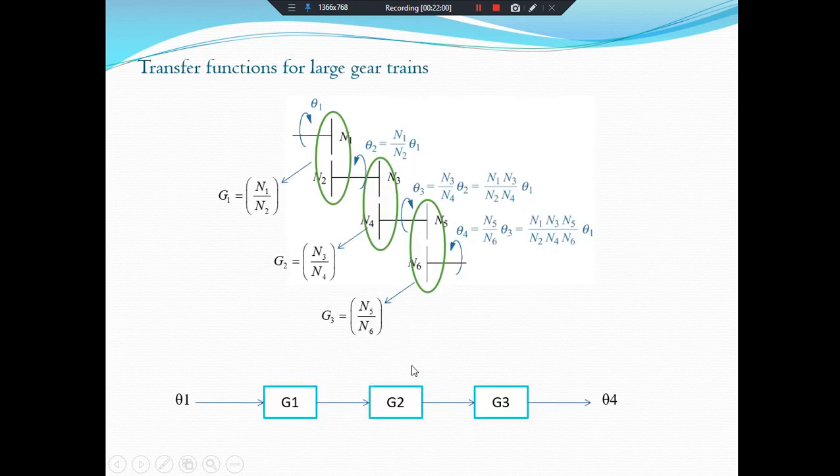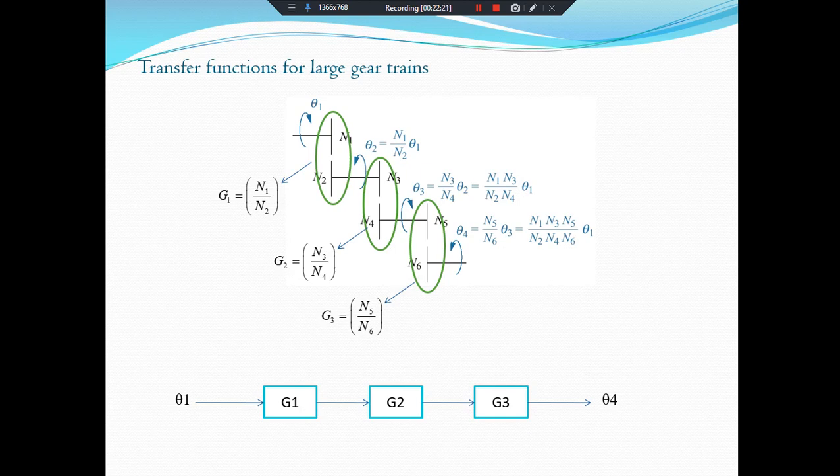Clear? Now our next concept is the gear train. What is the purpose of a gear train? In order to eliminate gears with large radii, a gear train is used to implement a large gear ratio by cascading small gear ratios.